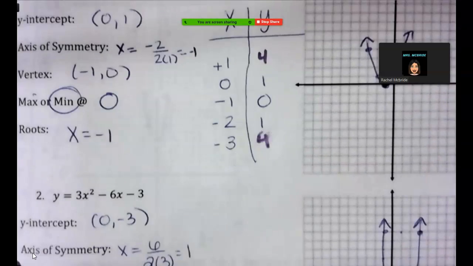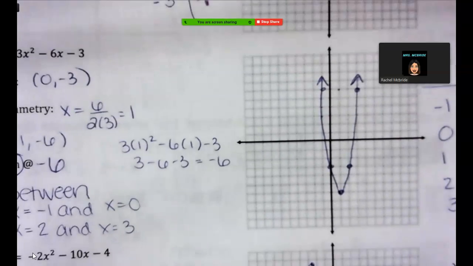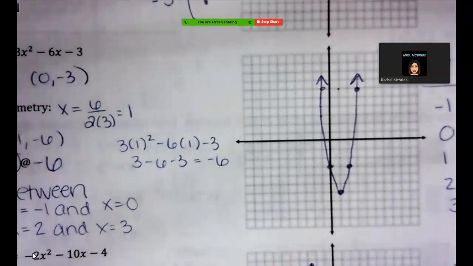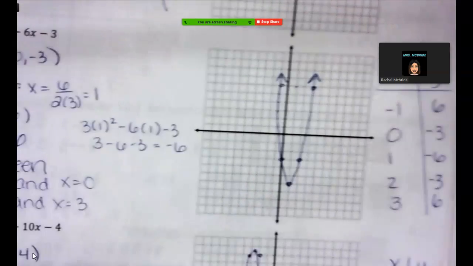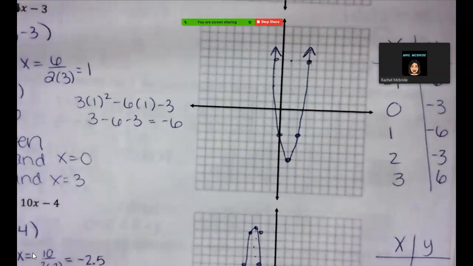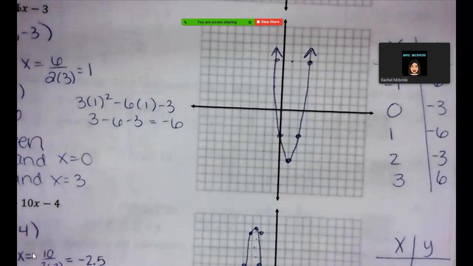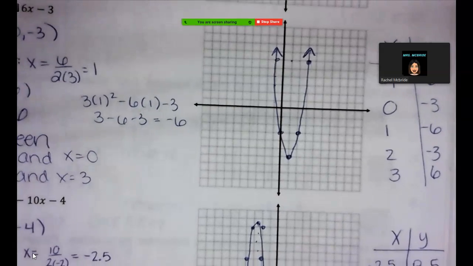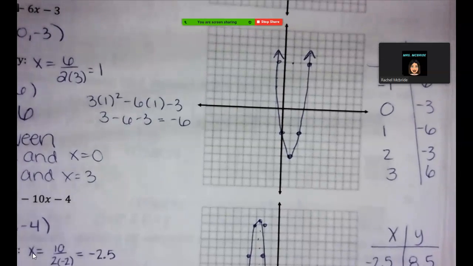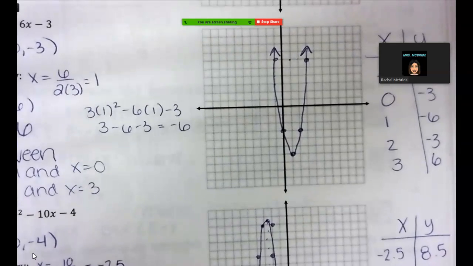Number 2. In number 2, we have a little bit of a unique situation because now my roots are not perfectly aligned on that graph. They're going to be between 2 points. So when you give your answer, you need to make sure you give that your answer is between -1 and 0 and 2 and 3.